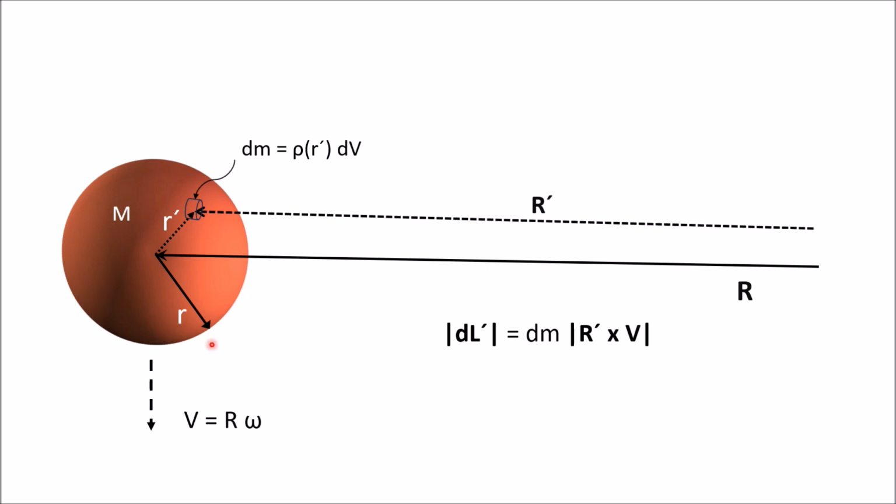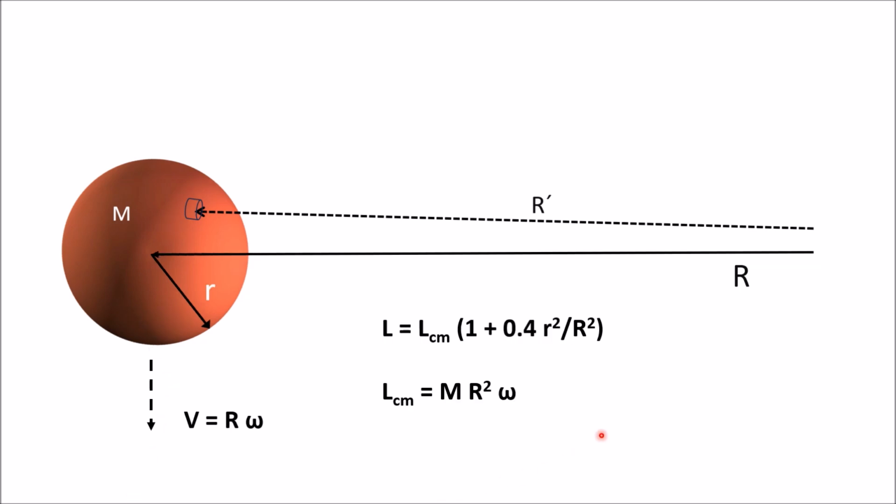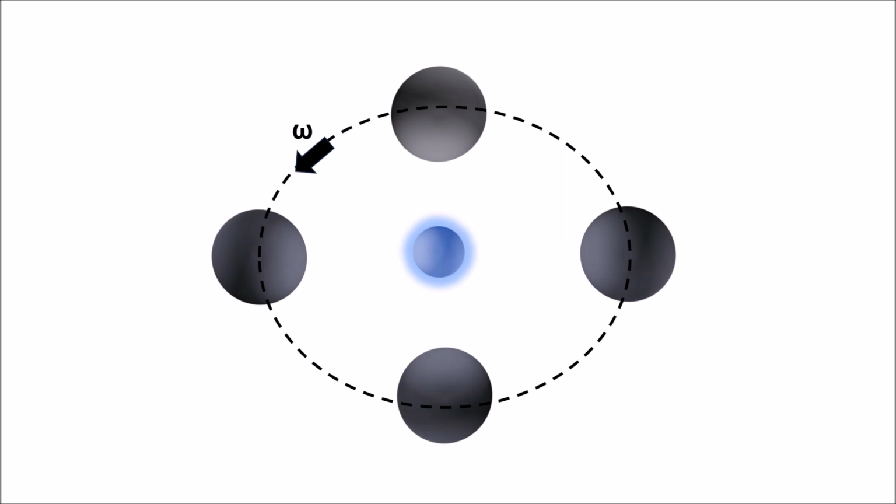And when we look at all of these mass elements, sum it up using calculus, what we find is that we have a center of mass value with a new perturbation that's representative of the dimensions and characteristics of this object, as opposed to the way it showed up for the dumbbell itself. However, there's more to it.